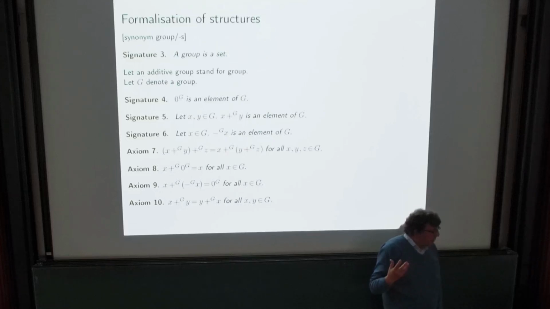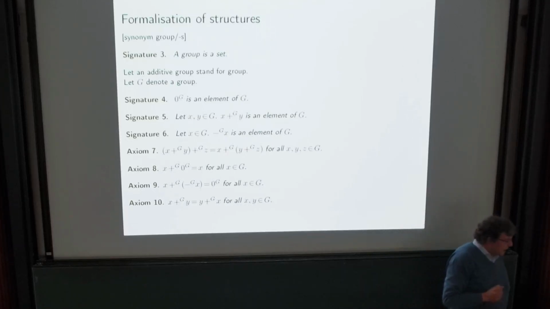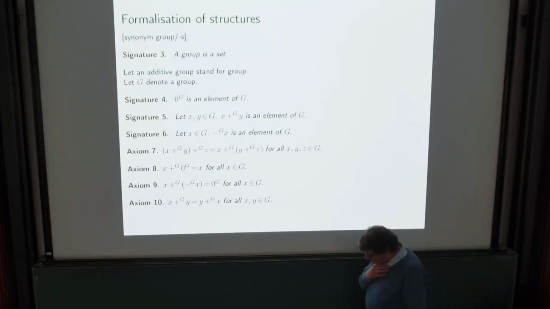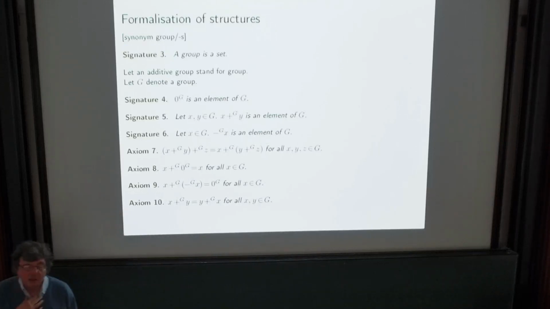How do I deal with general structures here? Well, I would say a group is a set. I mean, this is perhaps a little bit questionable, because it seems to equate groups and sets, which it doesn't, because we know this is interpreted as this implication.